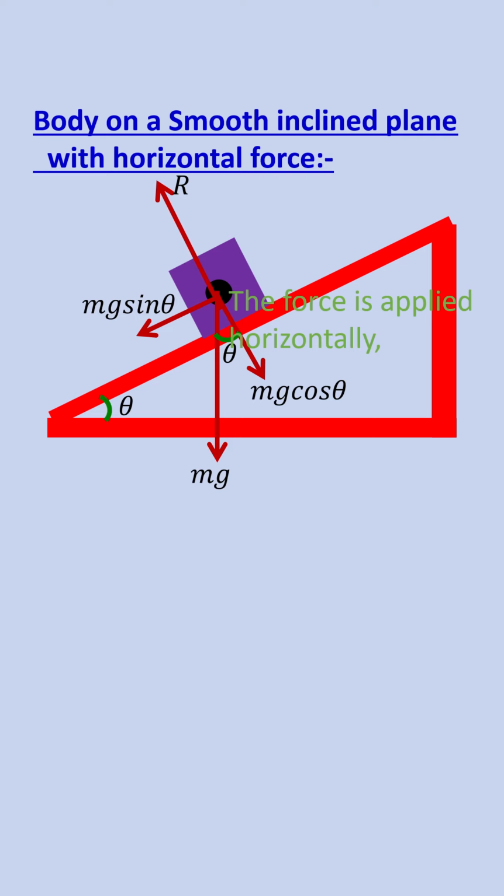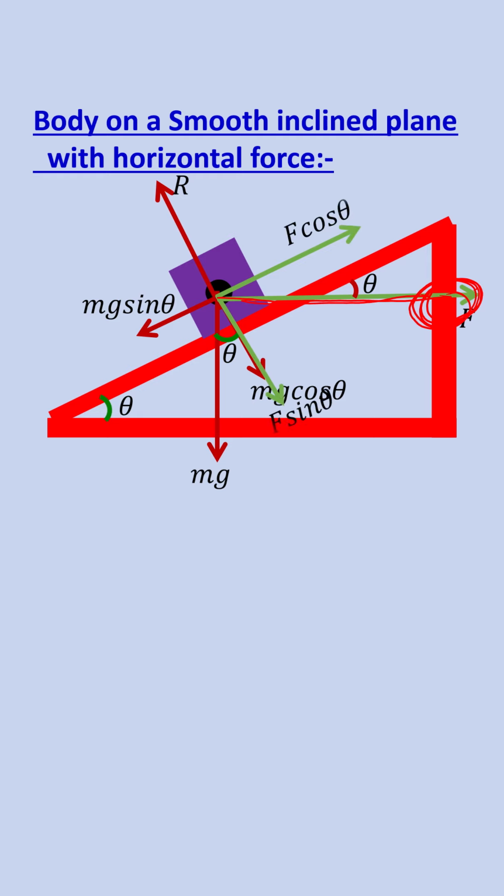The force F is applied horizontally, according to our question. Now this force F, this is the main part here. This force F has two rectangular components, F cos theta and F sin theta.